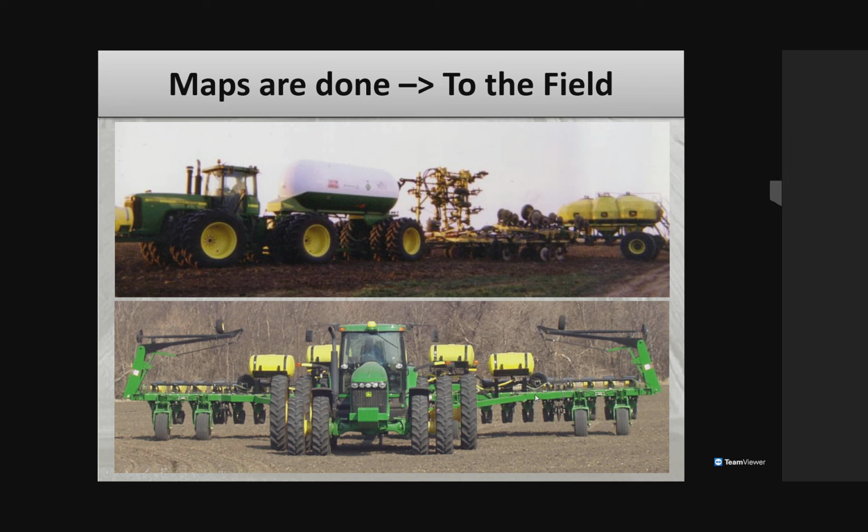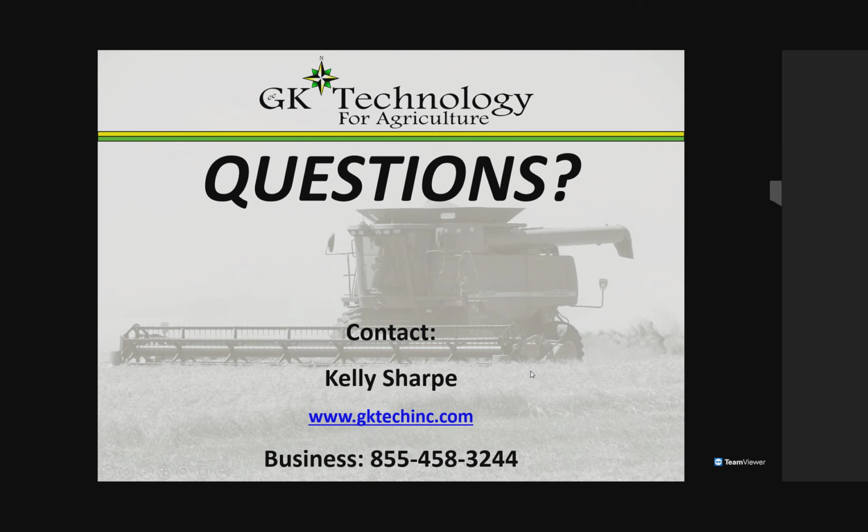Sorry, I got all green on you guys here, but I didn't mean to offend any of you Case guys and New Holland and Cat guys out there, I just ended up with some green pics. At the end of that, you take them to the field, and away you go, and then you're back to seasonal work in front of you.